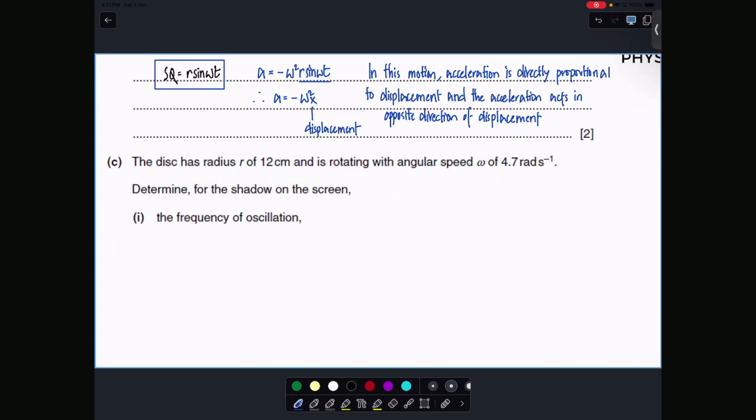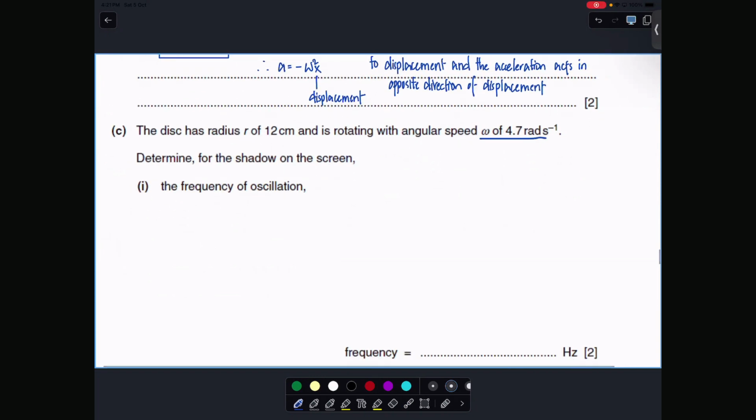Yes, very good. So we know omega is this, right? And what's the formula for omega? 2 pi by T or 2 pi f, right? So basically omega equals 2 pi f.